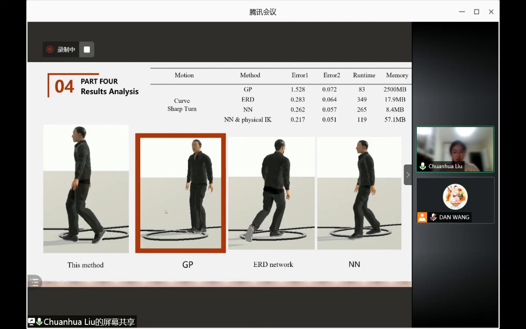But when we try to get a sharp turn, just like this, the Gaussian process has a problem, because the Gaussian process is not trained, but data-driven. So when it lacks the data, it cannot generate the movement. When it lacks sharp turn data, the man doesn't know what to do. So that's some problem.